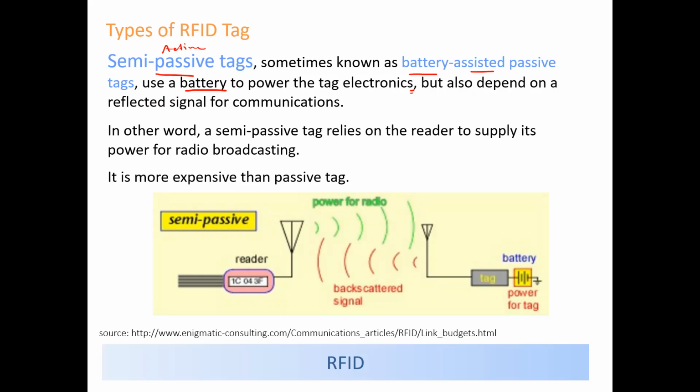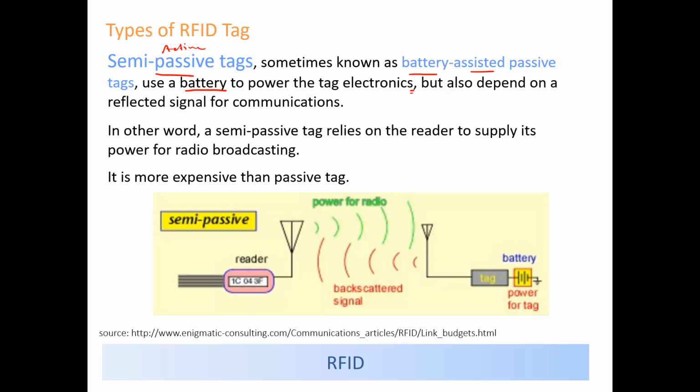To conclude, a semi-passive tag has no transmitter inside, but it still needs a battery to power some part of the electronics inside. It has some electronics, but not the full hardware functions of a transmitter.